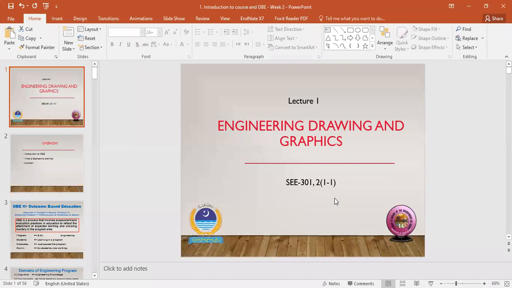There are 20 marks for theory and 20 marks for practical, and you have to get minimum 8 marks out of 20 from theory and from practical as well. So total you need 16 marks to pass this course, and separately you need 8 out of 20 from theory and 8 out of 20 from practical.